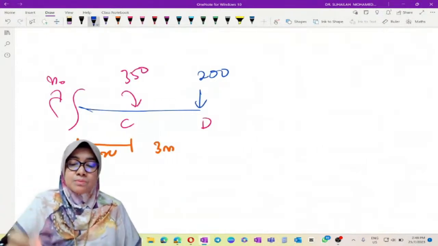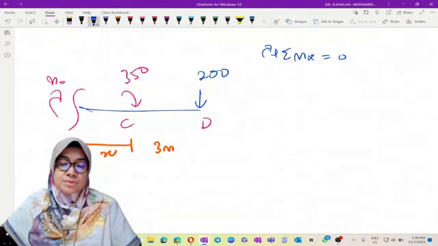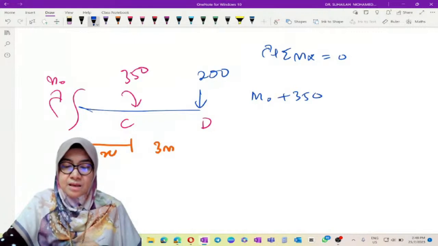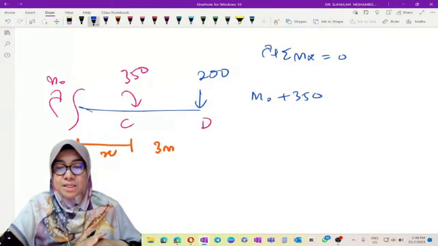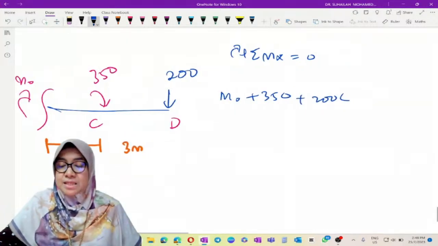By taking moment at the cutting point equal to 0, then M naught plus 350, we have to plus 200 times (3 plus X).